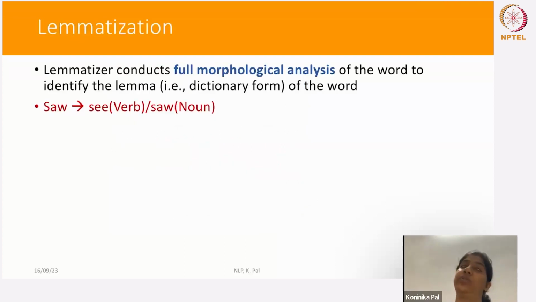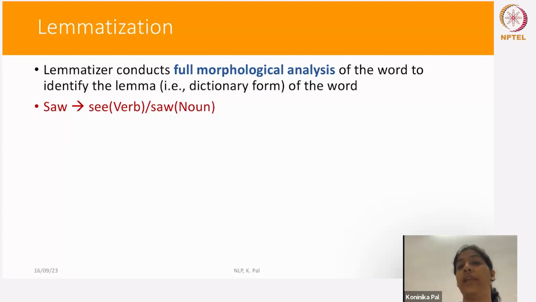Another way to deal with these different word forms, to normalize them to a single root word, is called lemmatization. Here we do a full morphological analysis of the word, and based on that analysis, we try to find the root word and how the word form presented by the token came about.